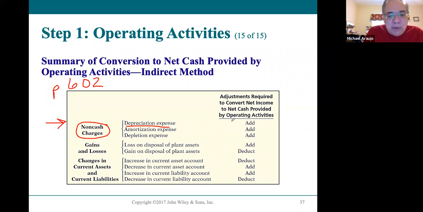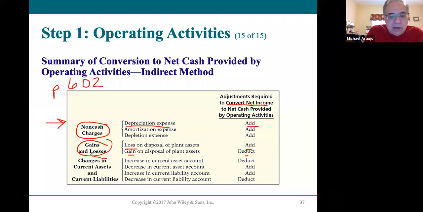Every time there's a depreciation expense, we add it to net income so we can convert it properly. For gains and losses, losses are added back, gains are subtracted out.